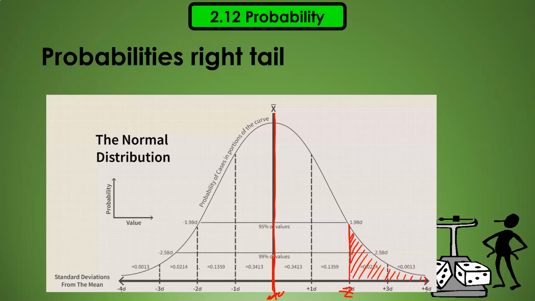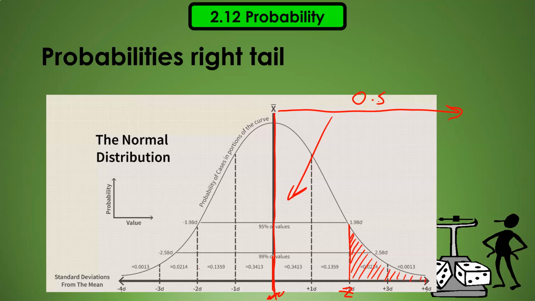Now there's no table for this result to work out that area. So what we have to do is use what we've got. What we do have is a table for working out this area. We should know that half the graph from here out to there is equal to 0.5.